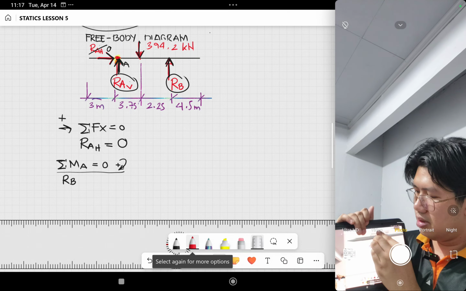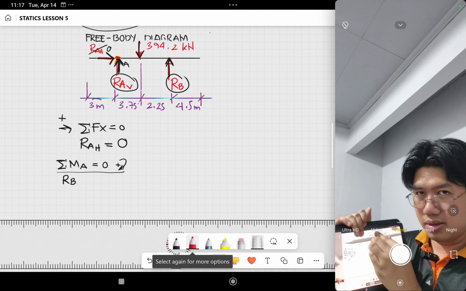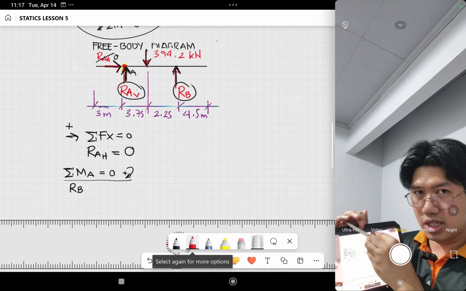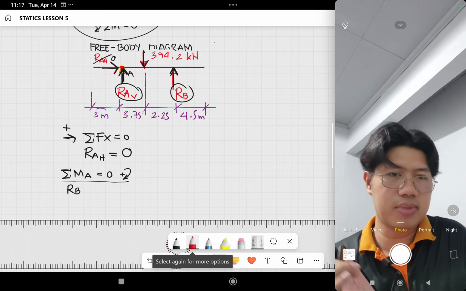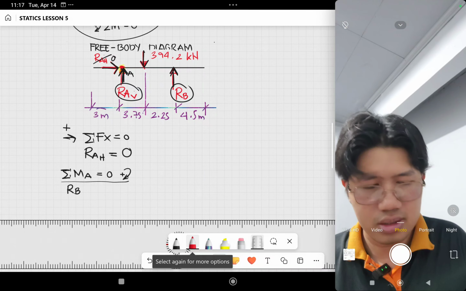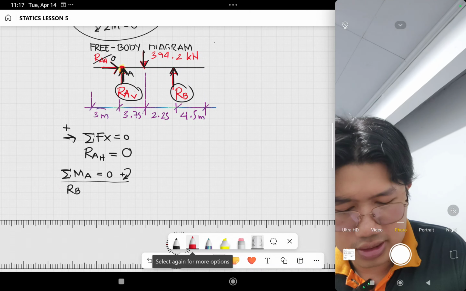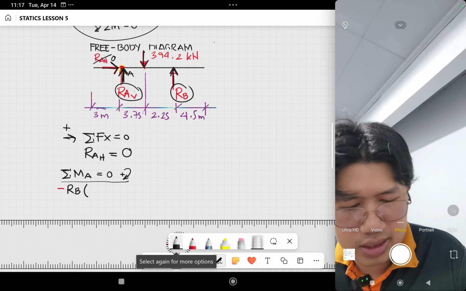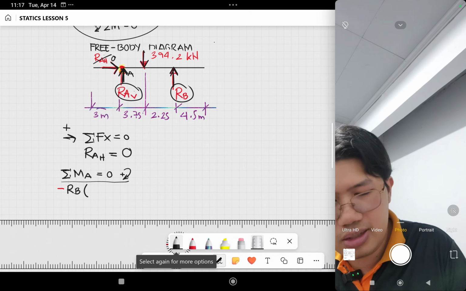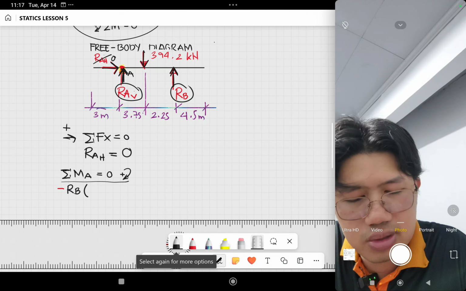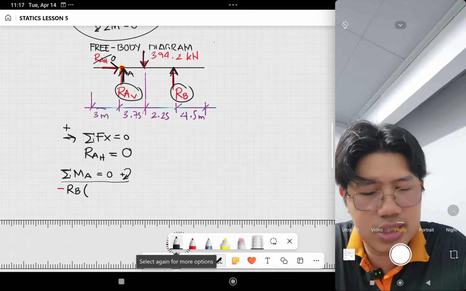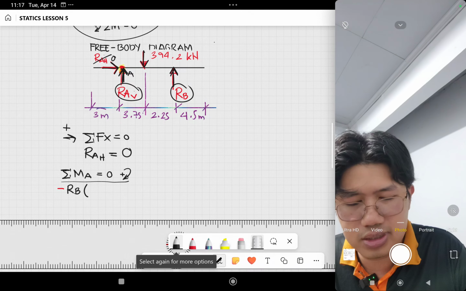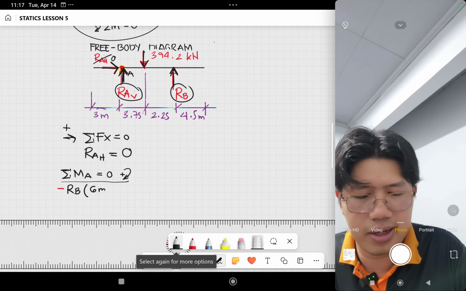So, mangyari if we follow the direction of RB, this will try to produce a counterclockwise moment. So that is yung solution natin, dapat si RB is negative. Okay, so negative RB, distance niya or yung perpendicular distance towards the moment center, which is A, that is 3.75 plus 2.25, that is 6 meters, which is given na pala.